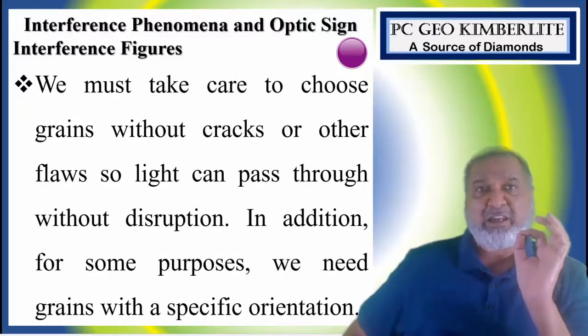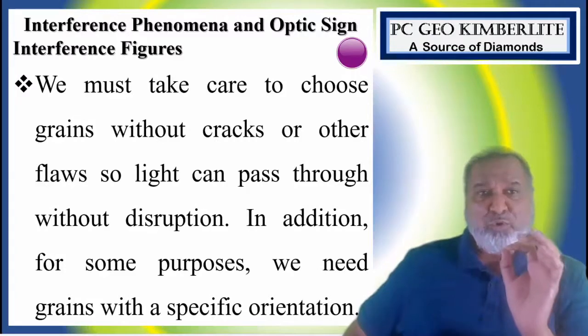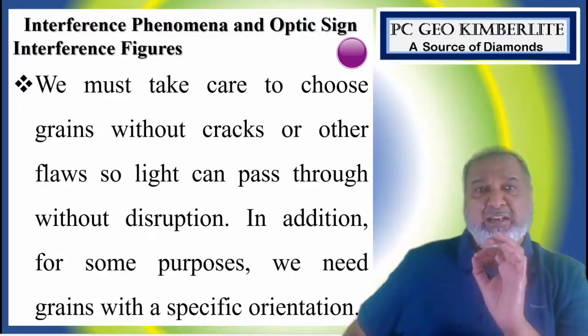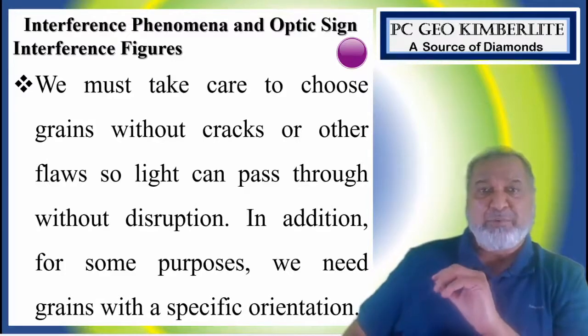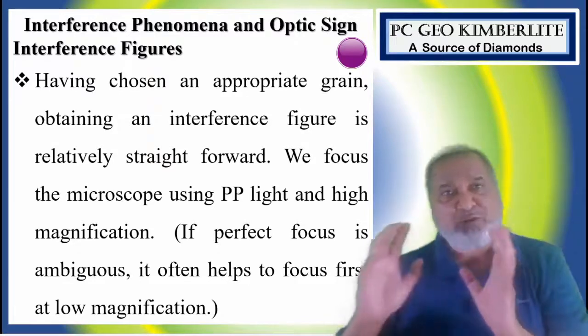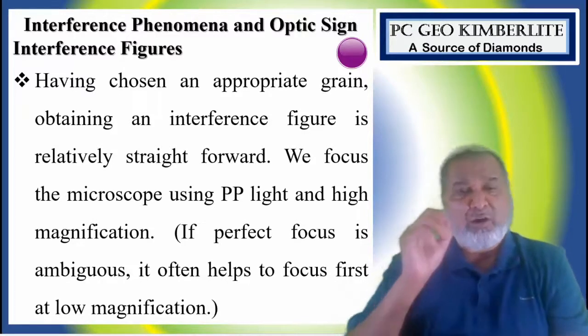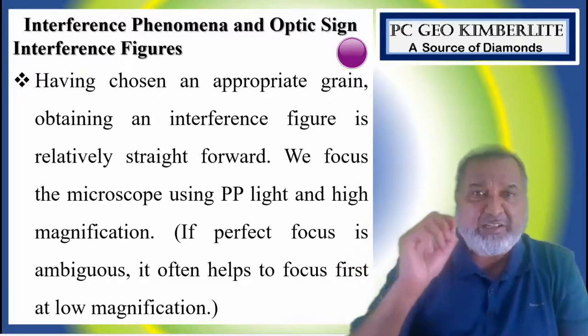We must take care to choose grains without cracks or flaws so light can pass through without disruption. In addition, for some purposes, we need grains with a specific orientation. Having chosen an appropriate grain, obtaining an interference figure is relatively straightforward.